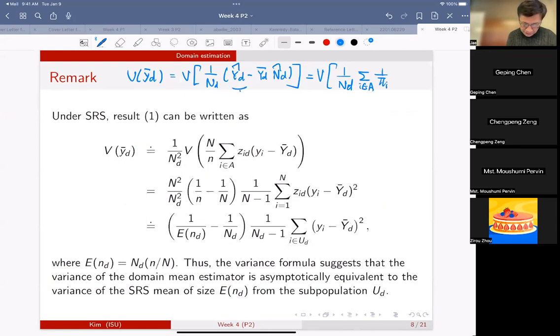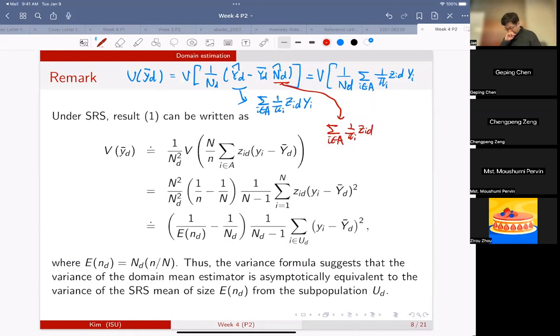This is the summation over i of 1 over pi_i times c_id y_i, and the other is the summation over 1 over pi_i c_id. So you get some common thing here, and the only difference is that you have y_i in one and Y bar d in the other.